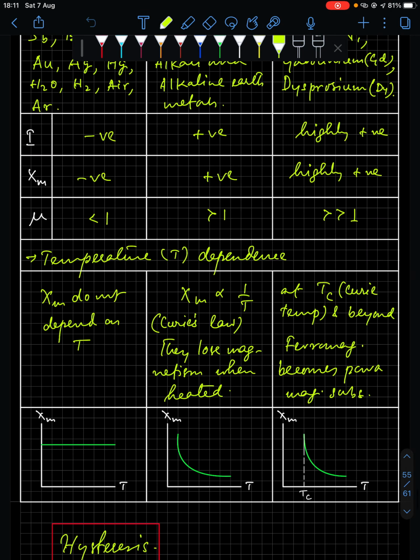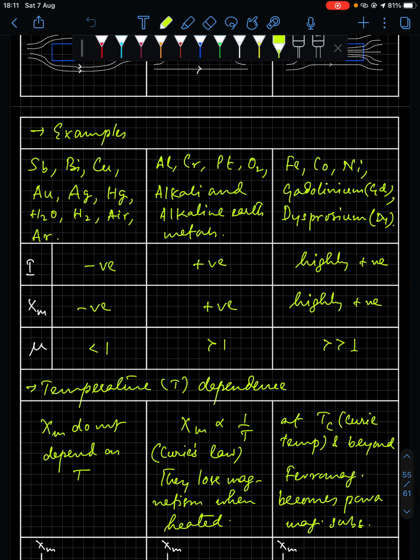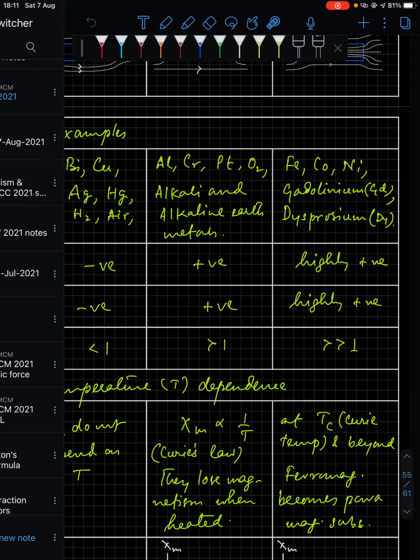Okay, let's check one thing. Magnesium is paramagnetic or diamagnetic? Okay, it is not mentioned over here. I have not included the example. So magnesium is a diamagnetic substance.